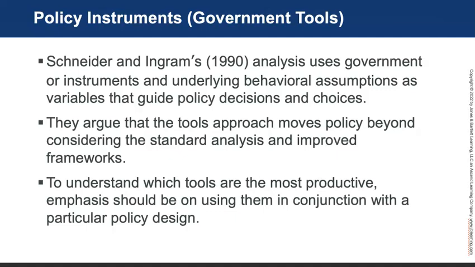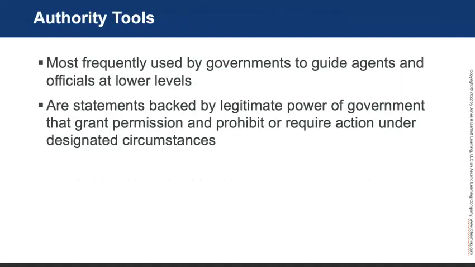The first type of tool is authority tools. These are most frequently used by governments to guide people and officials at the lower levels. They're statements backed by legitimate power of the government that grant permission and prohibit or require action under designated circumstances. This would be a law or a regulation.